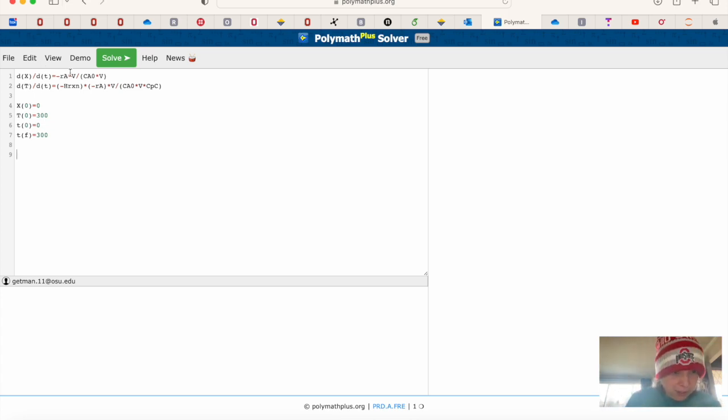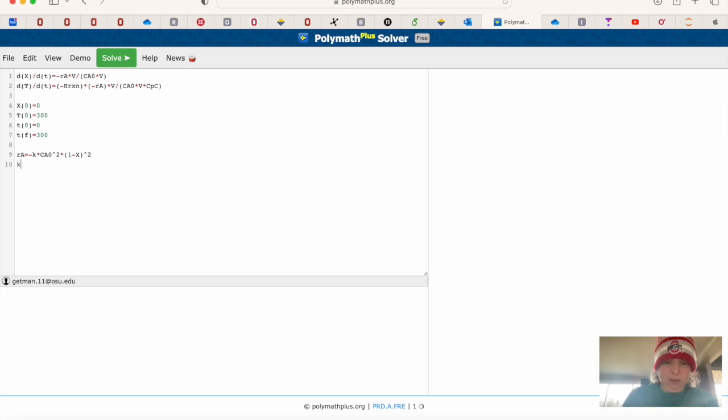All right, so this is what I now need. I need expressions for all of the things in here, so I'm going to start adding those in. So I'll start with Ra. I don't want to enter in a negative, putting a negative sign here. Math software doesn't really know how to handle that, so instead I'm going to define positive Ra is equal to K times Ca naught squared times (1 minus X) squared.